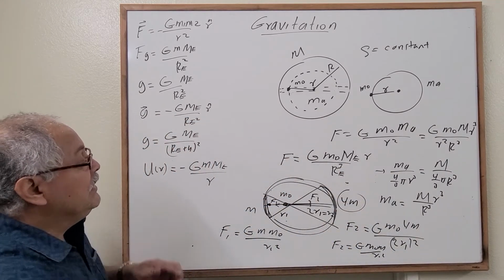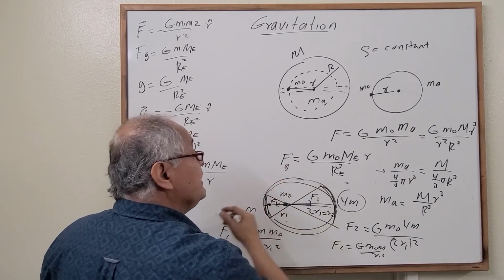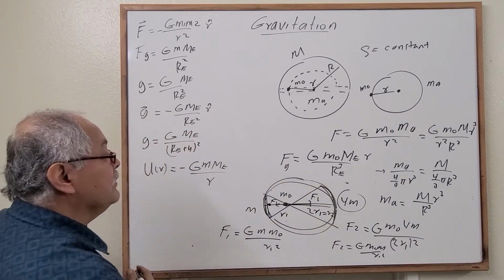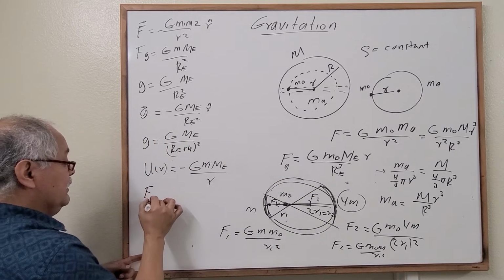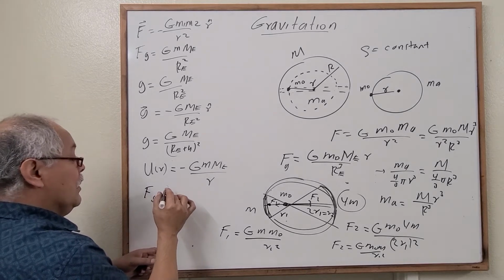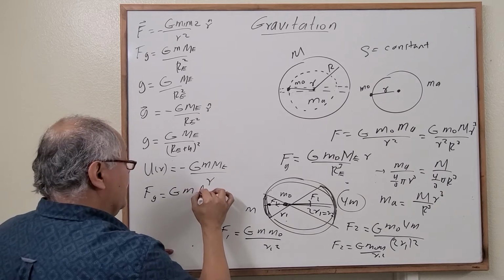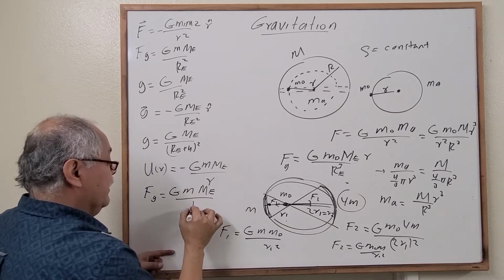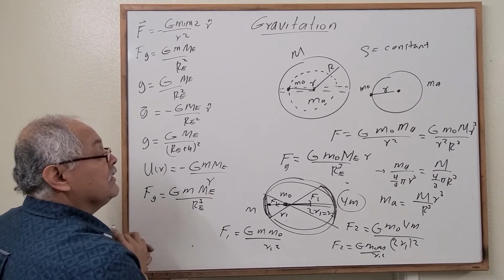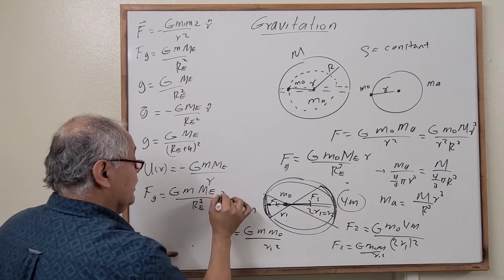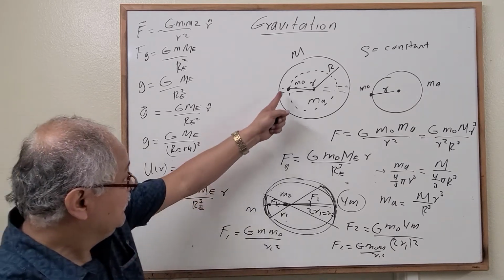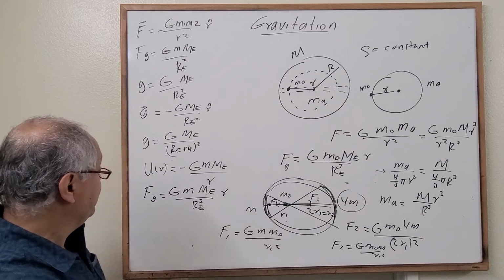And that's going to be the gravitational force inside of the Earth. Perfect. This is the magnitude, equal to G m little m, mass of the Earth, divided by the radius of the Earth cubed, times the interior radius.